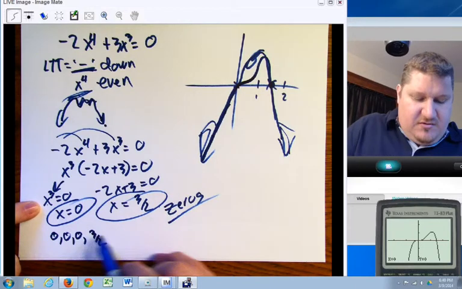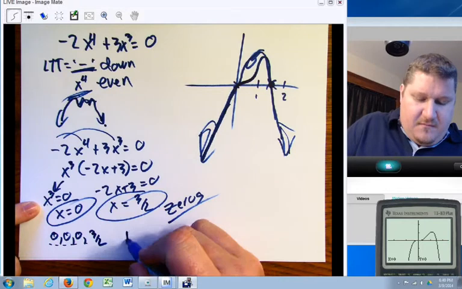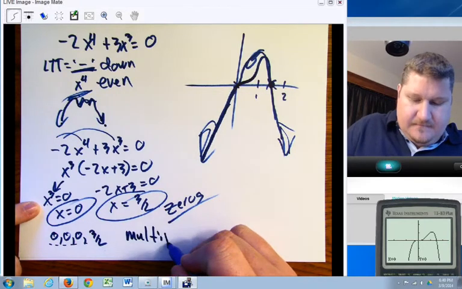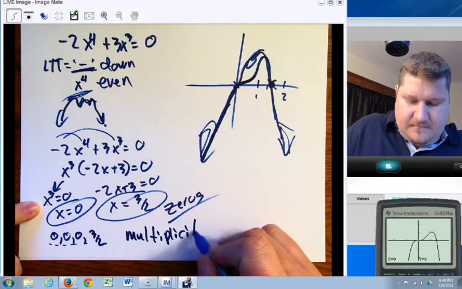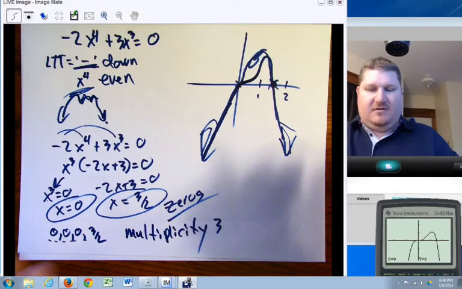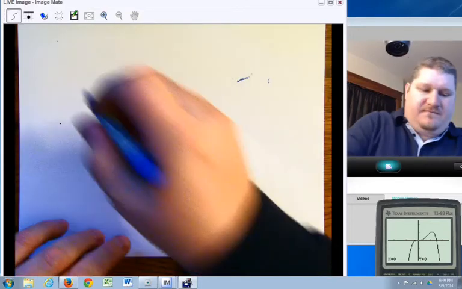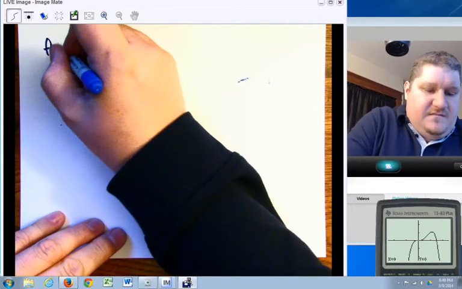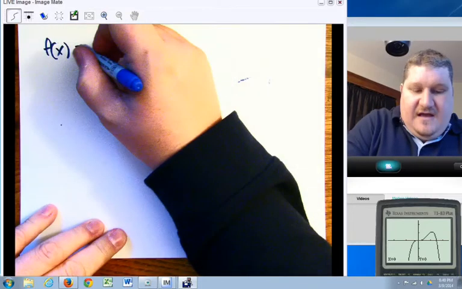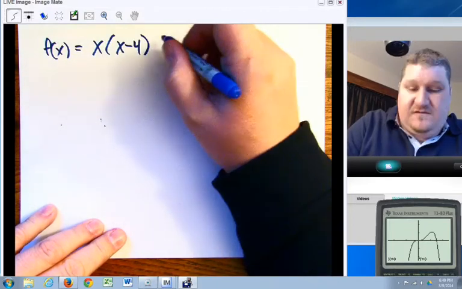So 0 was a solution of multiplicity 3 because it happened 3 times. Let's take a look at a slightly different equation. In this case, we already have some help because somebody has given it to us factored.